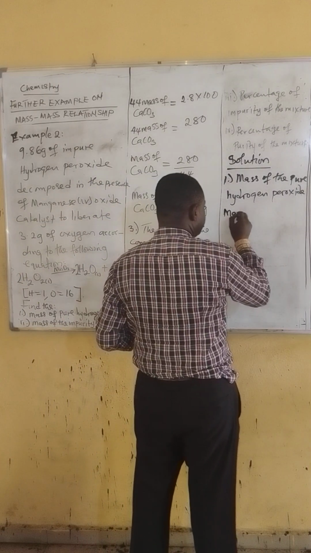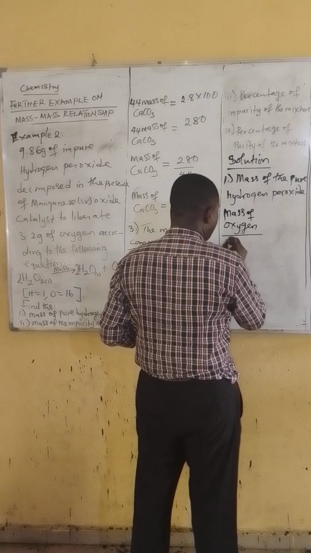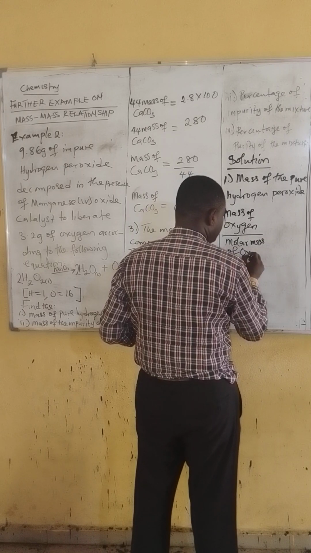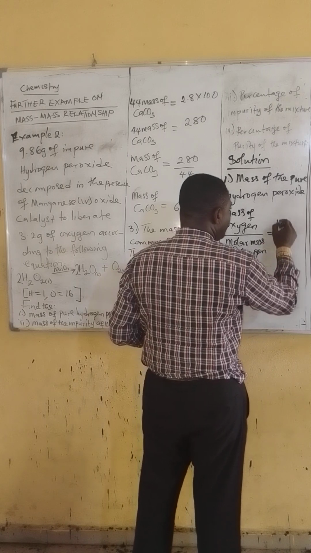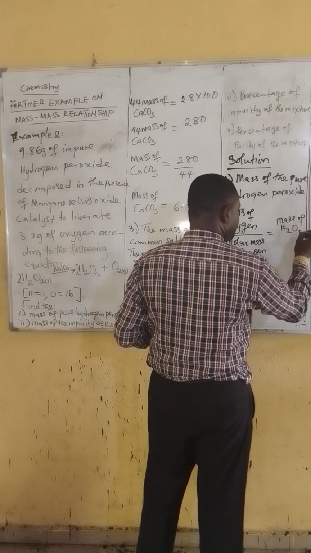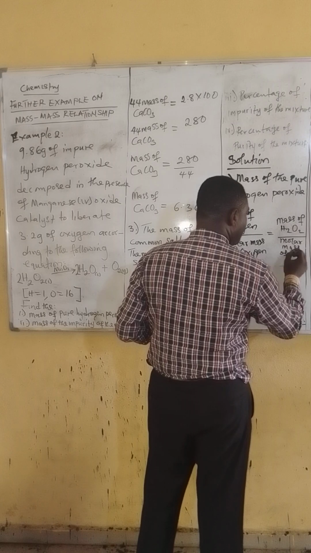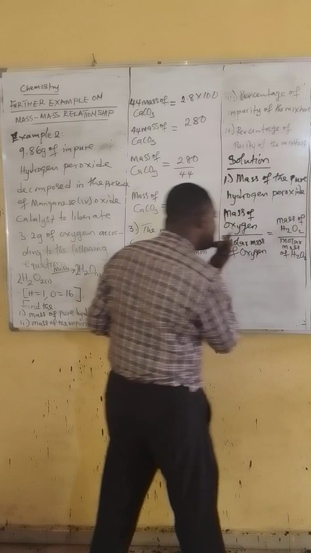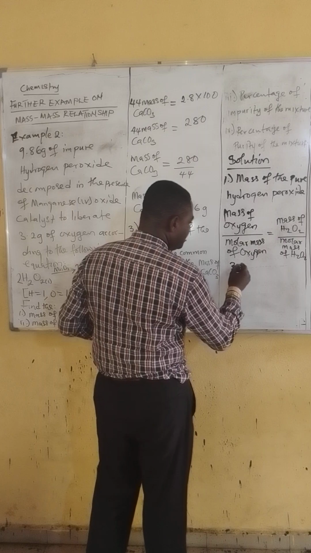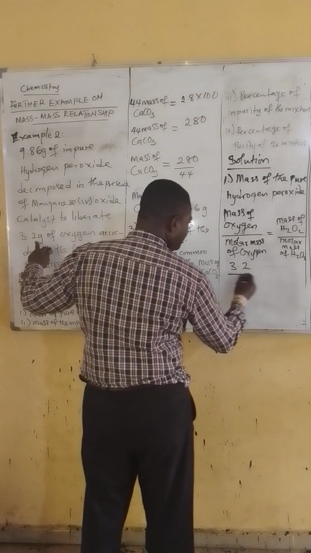We have mass of oxygen over molar mass of oxygen is equal to mass of hydrogen peroxide over molar mass of hydrogen peroxide. What is the mass of oxygen given? That's 3.2 gram.